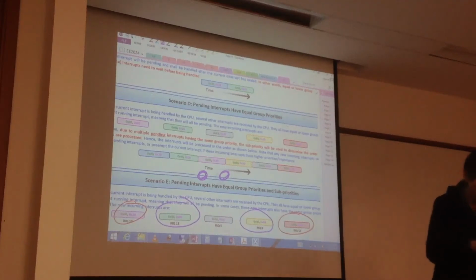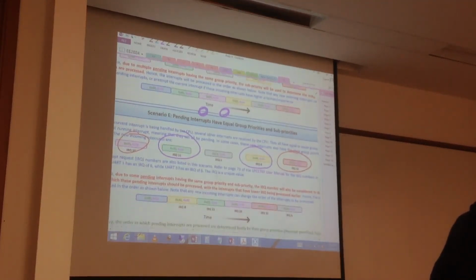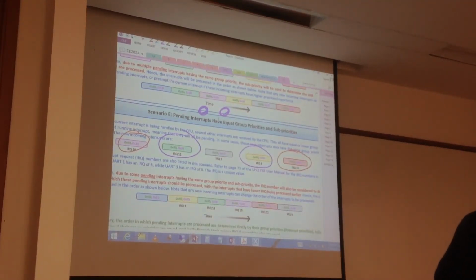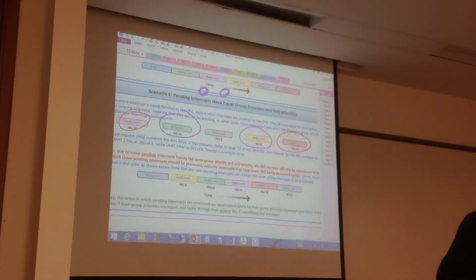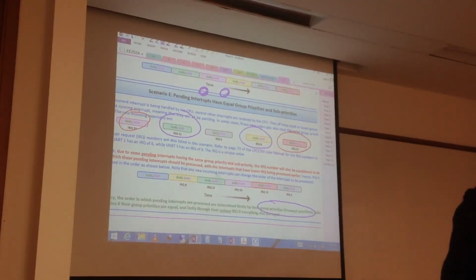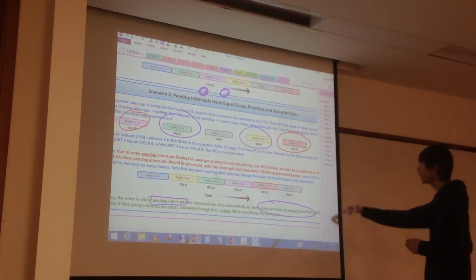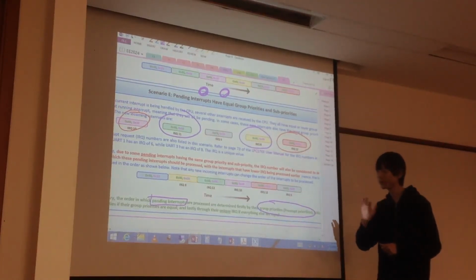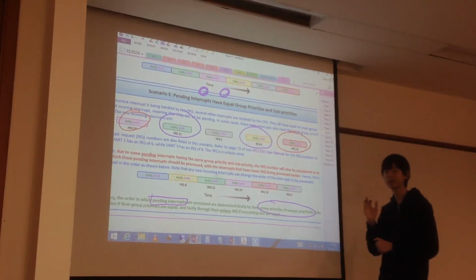So at the end of the day, the order in which you compare things is, first, you compare the group priority. So group priority is the same. Okay, we're talking about pending interrupts, because sub-priority and IRQ are not applicable for interrupts which are not pending.